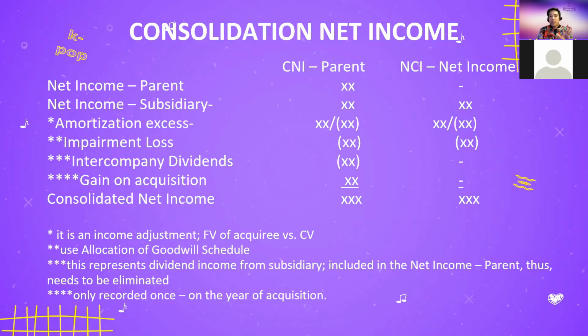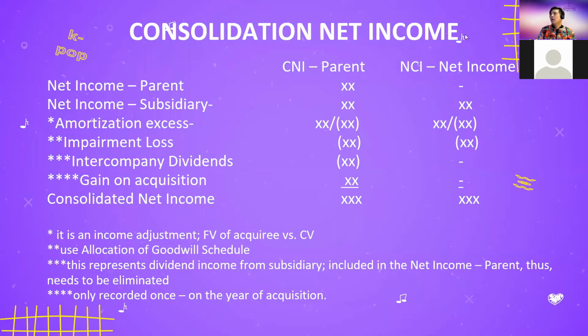Company A is the parent and company B is the subsidiary. The 20% stake that remained represents non-controlling interest. Later on, when we go through the different discussion problems, we'll illustrate this more.